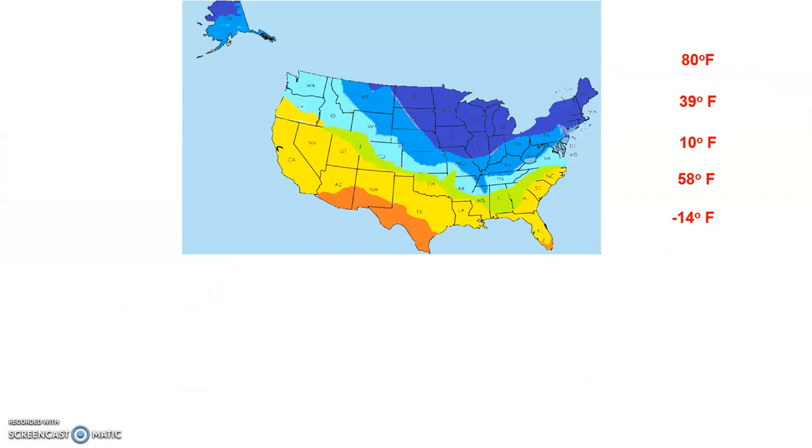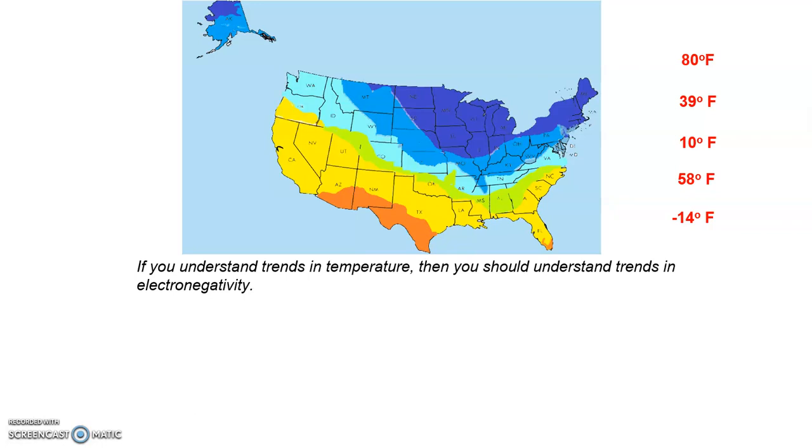All right, so for an analogy, I typically use this analogy when I'm teaching trends. If you understand the trends in temperature on any typical weather map, then you should understand trends in electronegativity.